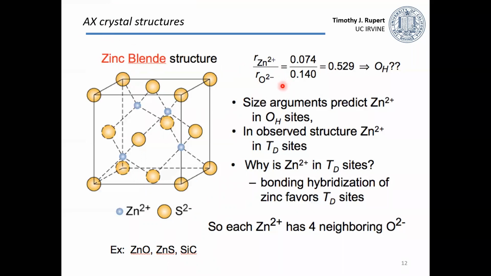So this, if we went and did the ratio of the ionic radii, it's doing it for oxygen, but you could do the same thing for sulfur. It's just, I only had a picture for zinc and sulfur. What you would find is that that ratio would be 0.529, and that would predict an octahedral site. But if we look at materials that form the zinc blende structure, that's not correct.